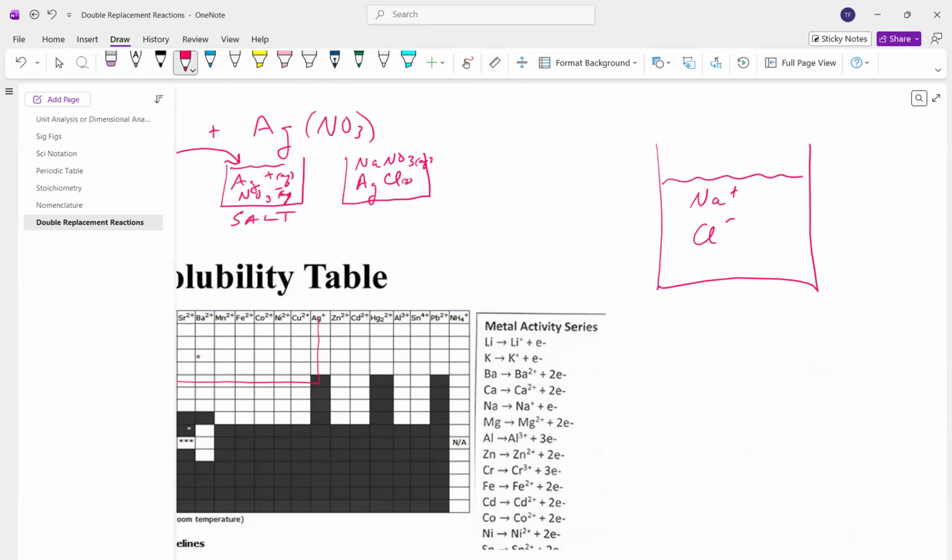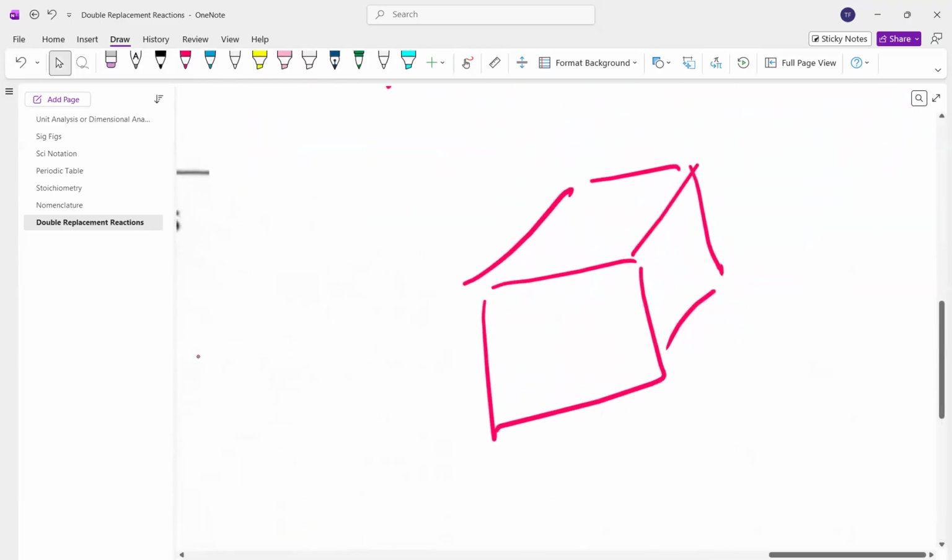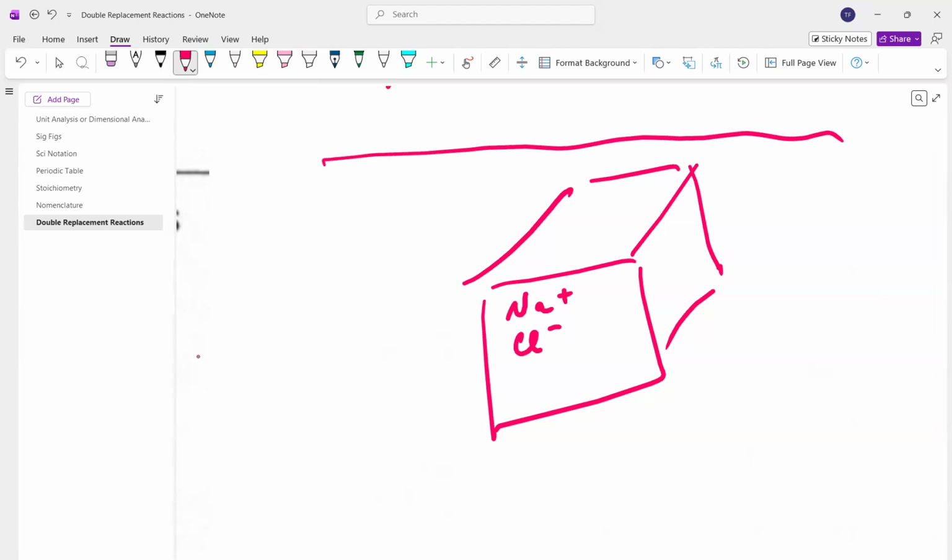Okay, so if we were to look at this with a horrendously good microscope, we would have a crystal of salt. And it's called an ionic solid because it's held together with opposite charges. Now, this is surrounded by water.